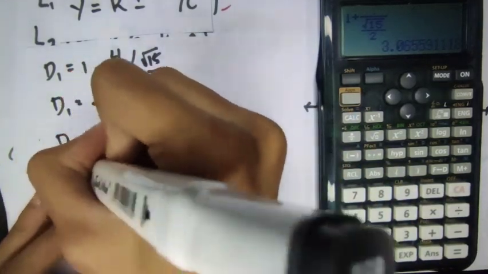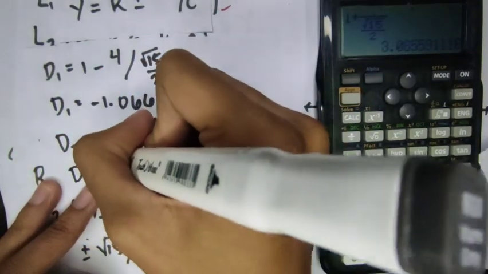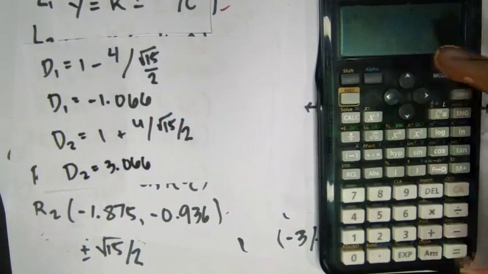And for our second directrix, it would be positive 3.066.